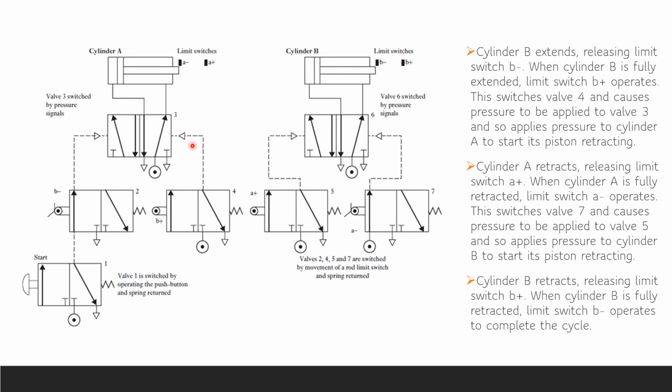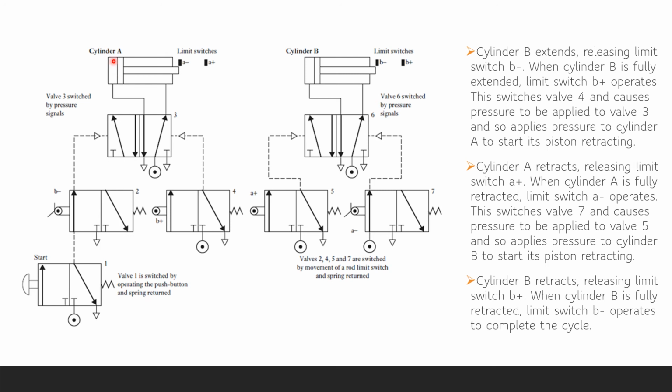As a result of the pressure applied by the valve 4 on the valve 3, the second position of valve 3 gets activated. Thus, the pressure flow or the fluid flow will be across this line and towards the bottom side of the piston of cylinder A.